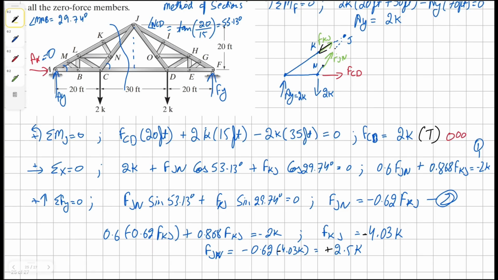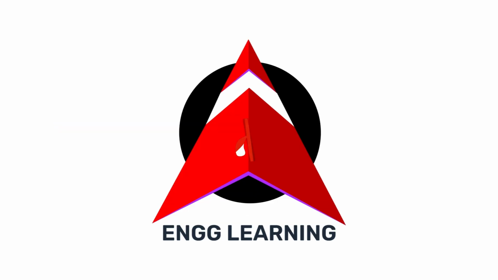Once we flip our force vector KJ, it's going to tell us that this member is in compression, and our member JN is in tension, because this vector is going away from joint N. And with that, we solved our problem.